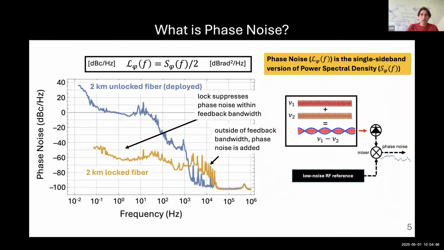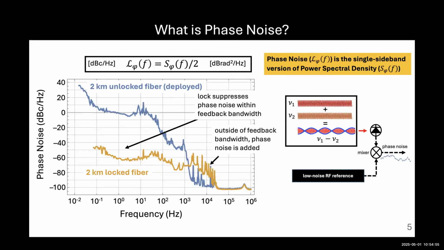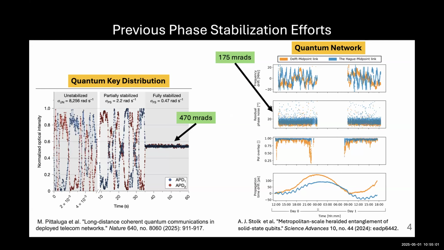This one. Yeah, that's 470 milliradian. That's half a radian. I would never have guessed that it would be that much phase noise in that locked section.